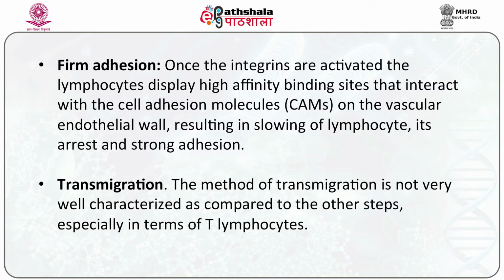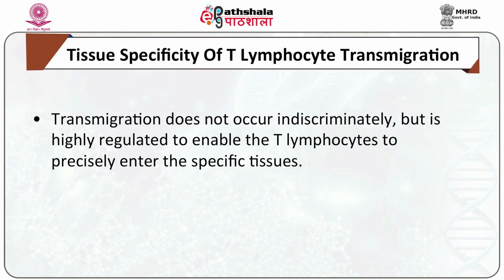Transmigration is the fourth step in the cascade of events, which is not very well characterized as compared to the other steps, especially in terms of T lymphocytes. What is interesting is that the tissue specificity of the T lymphocytes helps in the transmigration, as it does not occur indiscriminately, but is highly regulated to enable the T lymphocytes to precisely enter the specific tissue.